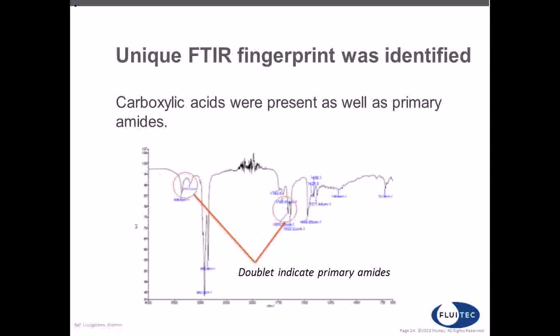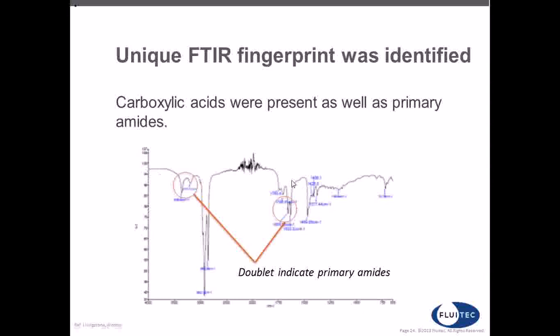If you look at how amides are created, there's just a small number of ways that this type of chemistry could have been created. One reaction is the formation of ammonia with acids, and certainly we see here there are some carboxylic acids present in the oil.